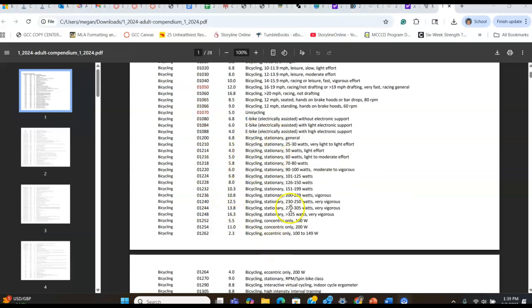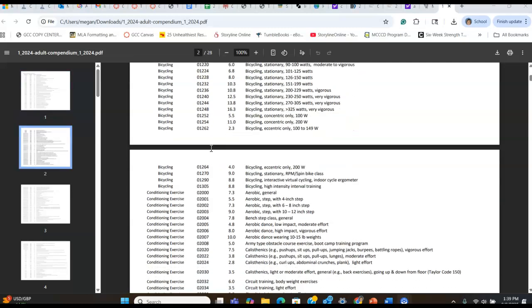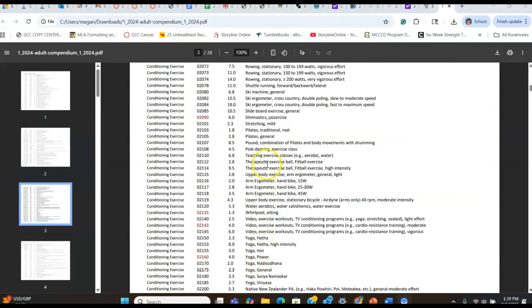Everything from a stationary bike. They even have e-bikes now, the electronically assisted ones, the little kind of remote control bikes, I think of them as. You have everything from step aerobics to circuit training, resistance training, using a ski machine, all kinds, right?